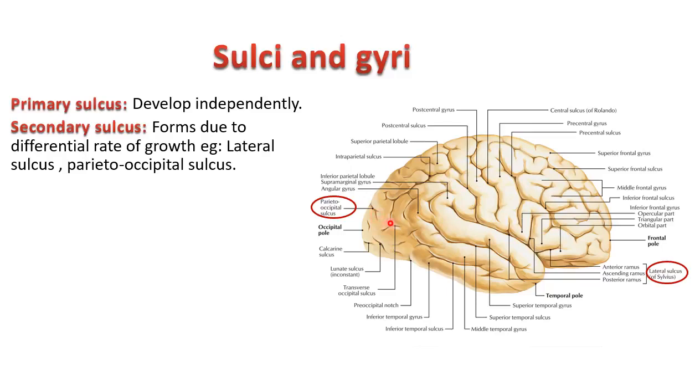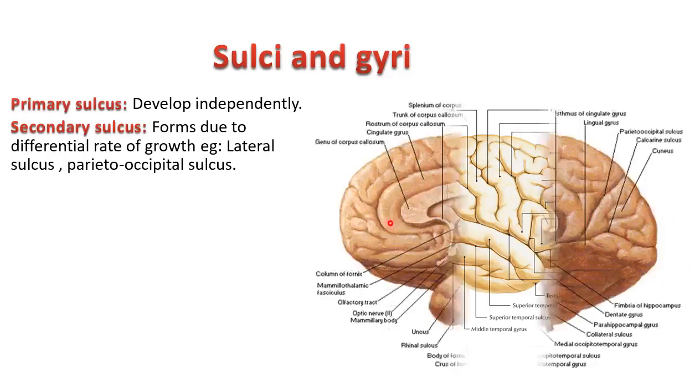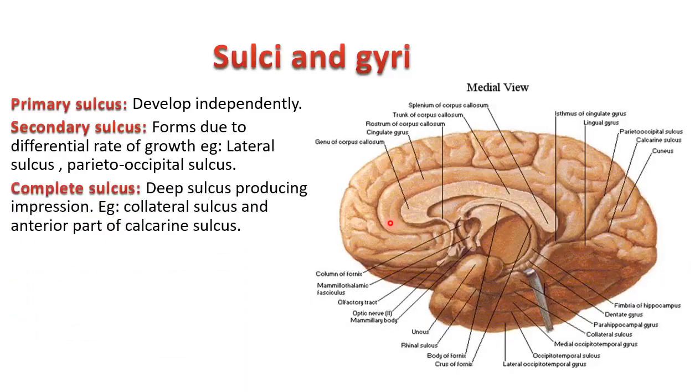So you have the primary sulcus, then the secondary sulcus, then one more type of sulcus, which is called the complete sulcus. Here you are able to see one sulcus, the collateral sulcus. The collateral sulcus is actually a complete sulcus. And the anterior part of the calcarine sulcus also, because it produces very deep impressions.